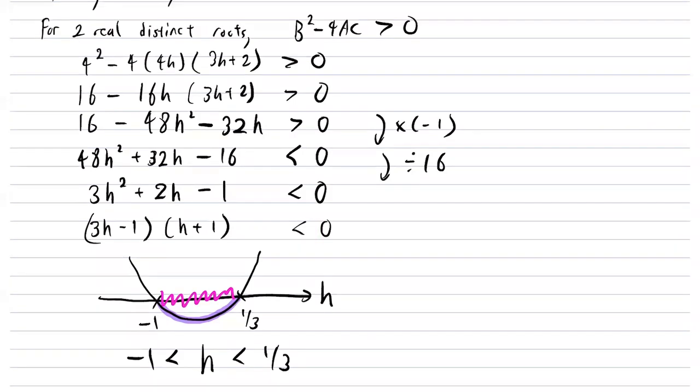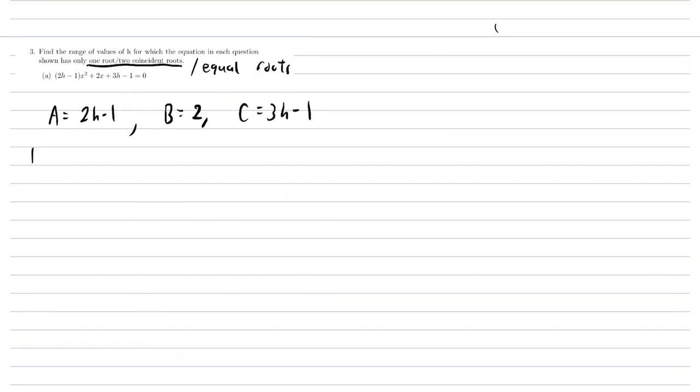Okay, next. Question 3a. Exact same question, it's just that this time it talks about one root or two coincident roots, or you can also say equal roots. So identify your A, your B, and your C. So for equal roots, or you can also say one root only or two coincident roots, we'll say that B squared minus 4AC is equal to 0.